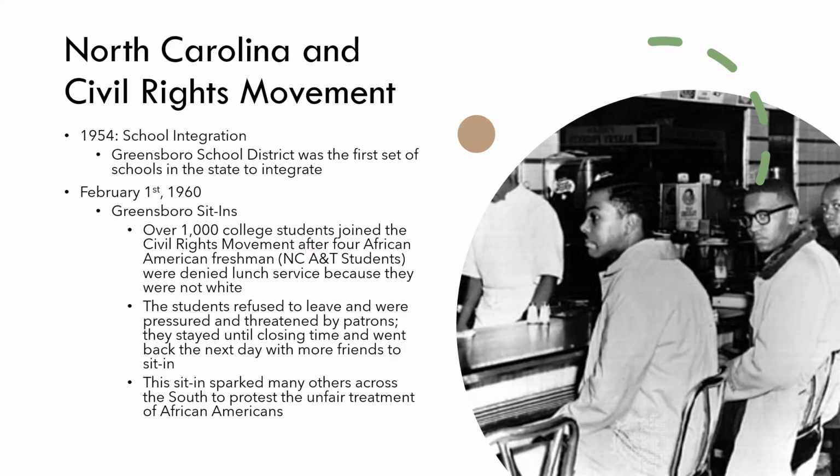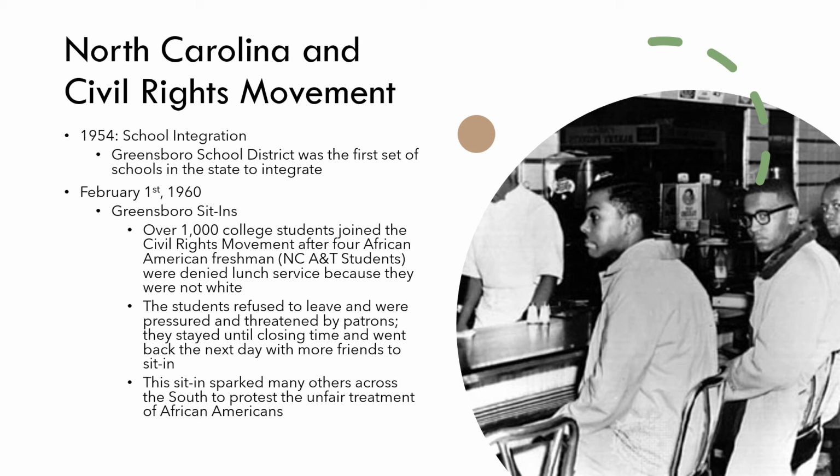So moving into the North Carolina Civil Rights Movement, thinking back to all of those amendments, we can say that yes, those amendments made life better, but it didn't mean that it changed the way North Carolina was still treating African Americans. So throughout the 1950s and into the 1960s, we were still segregating restaurants, we were still segregating schools, we were still segregating water fountains.